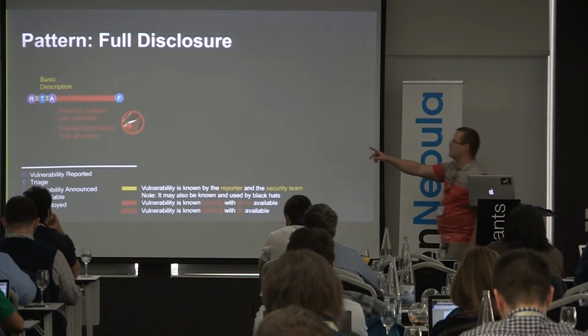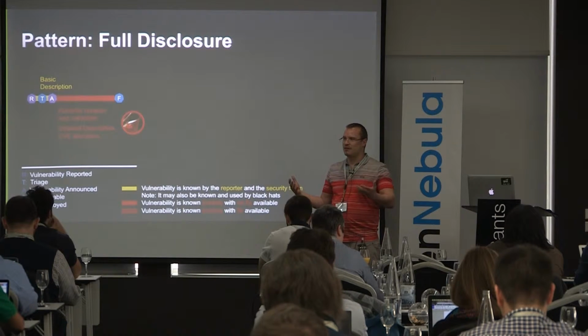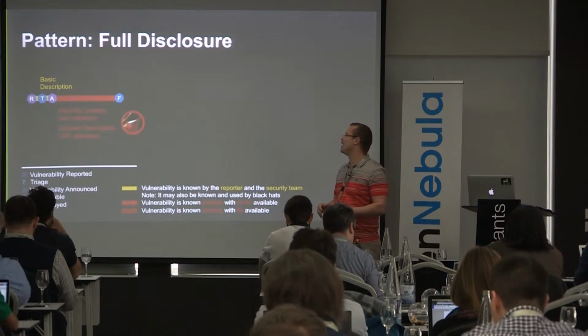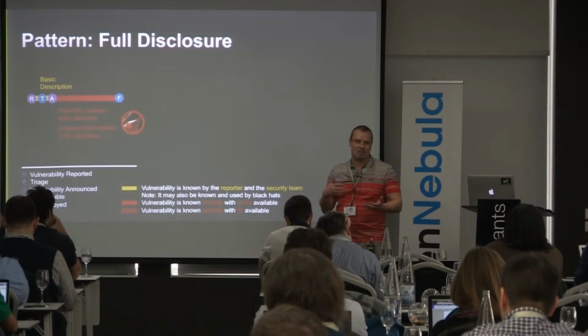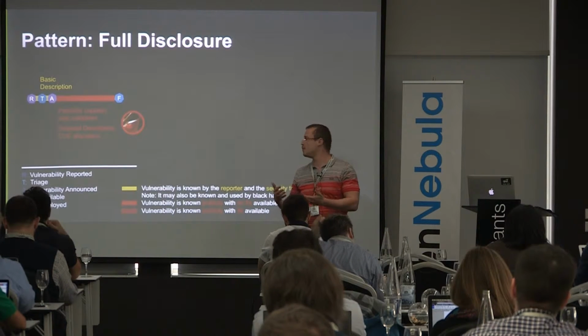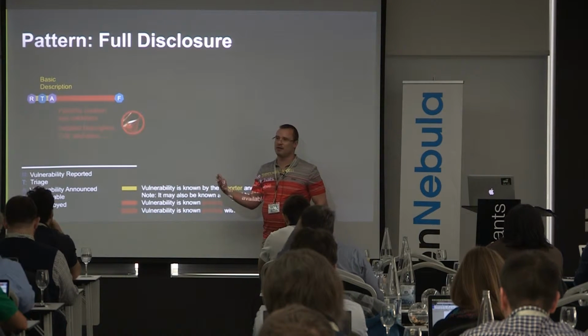Then you have this phase where your open source community or your project is going to scramble and try and find a fix. They will also do things like maybe get CVE numbers assigned, validate the fix, and so on and so forth. And then fundamentally, the fix is released to the world.